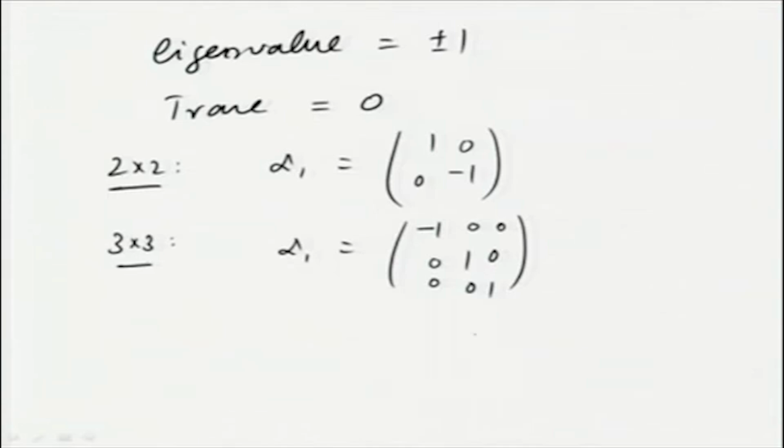You cannot have eigenvalues either plus or minus 1 and at the same time a trace equal to 0 for an odd dimensional case. That actually tells you that, in fact, these two together tell you that it is an even dimensional matrix.